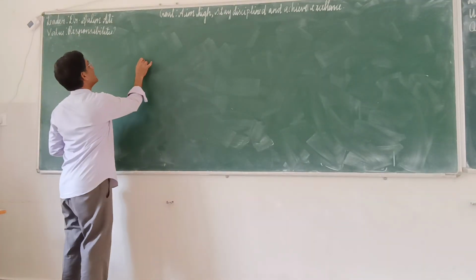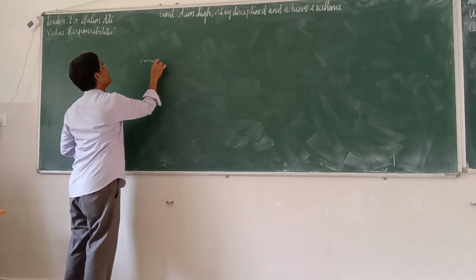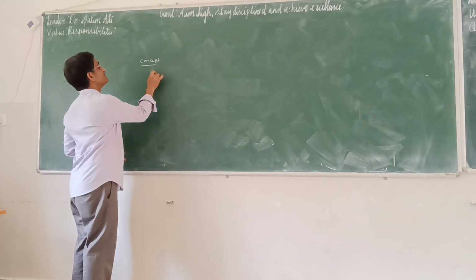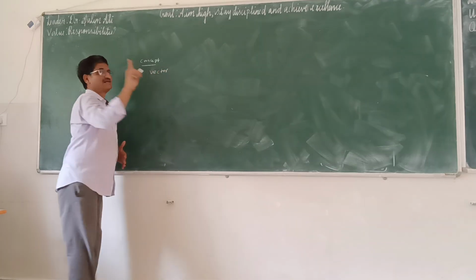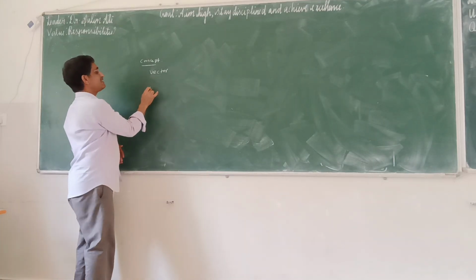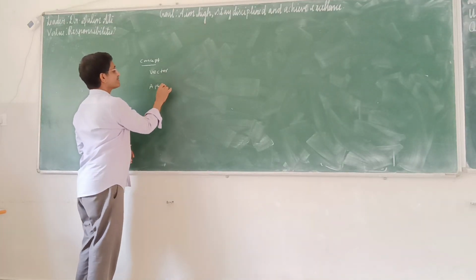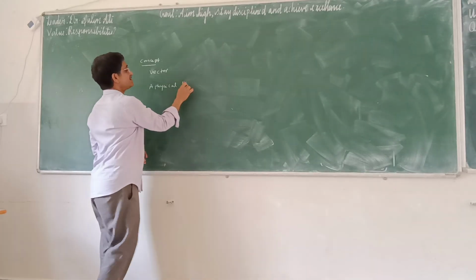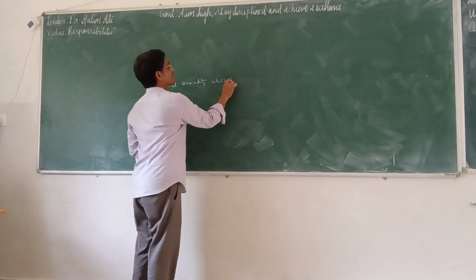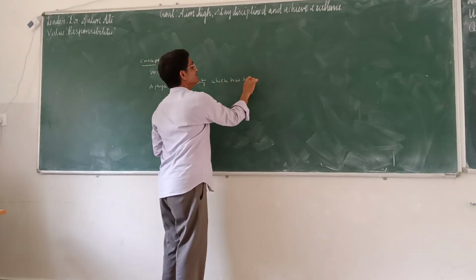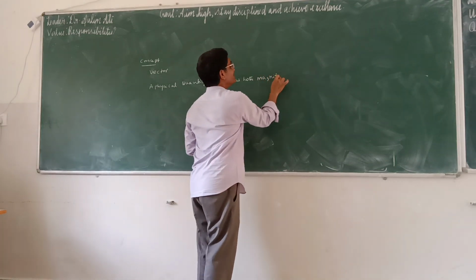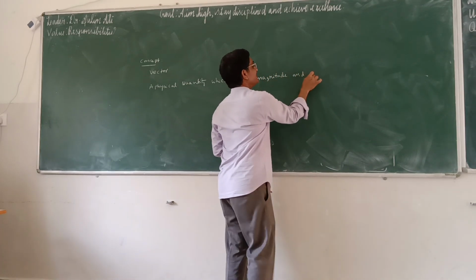First concept in this chapter, I will use the vector definition, and based on that I will tell one theory bit. What is a vector? A physical quantity which has both magnitude and direction.